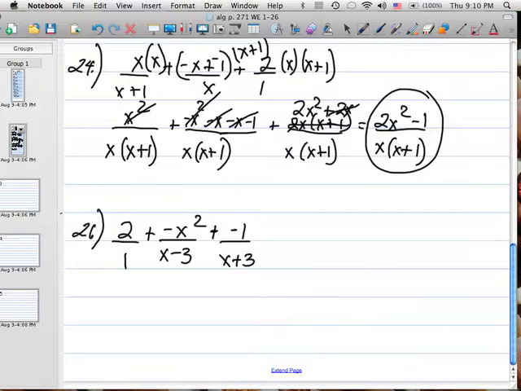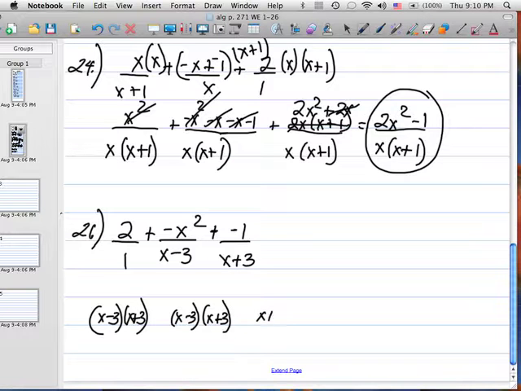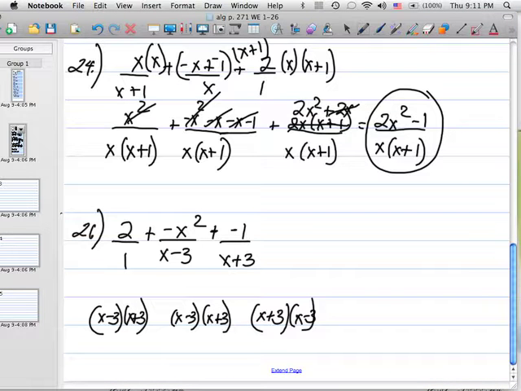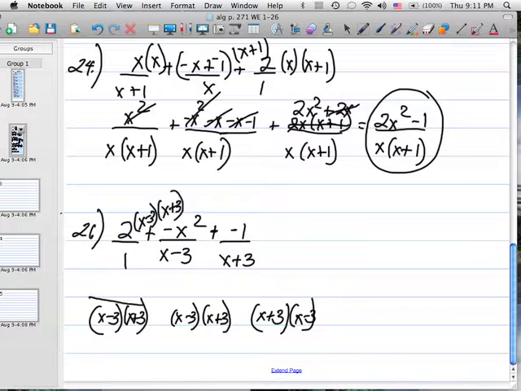So the least common denominator is x minus 3, and it has to have an x plus 3 for each of these fractions. First fraction is missing both the x minus 3 and the x plus 3. So if we multiply that out, we get 2x minus 6 times the quantity x plus 3.